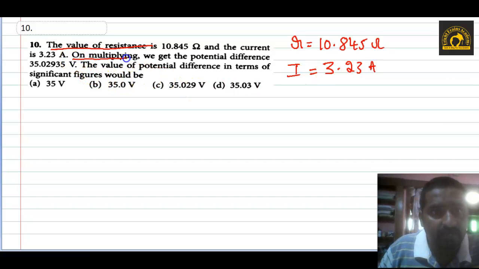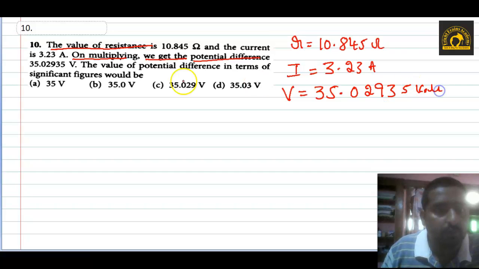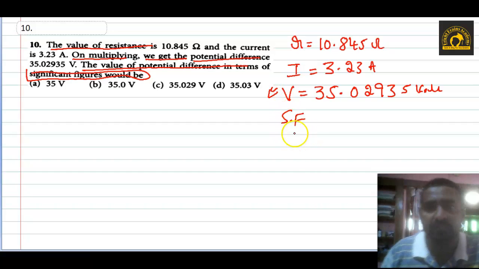So on multiplying we get the potential difference, 35.02935 volt. Now the question asks for the value of potential difference in terms of the correct significant figures.